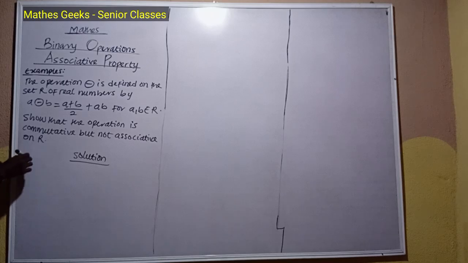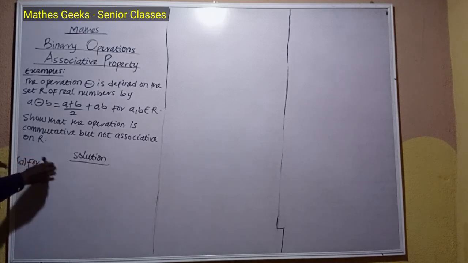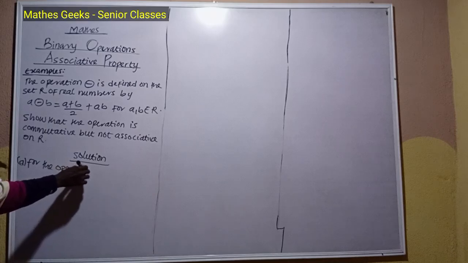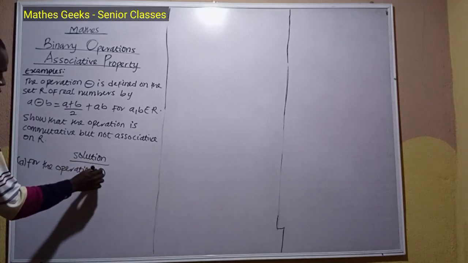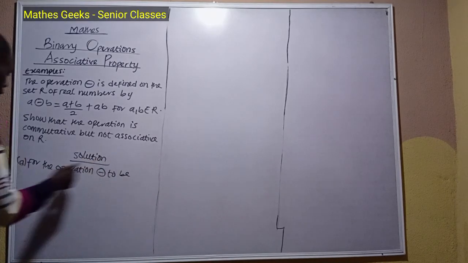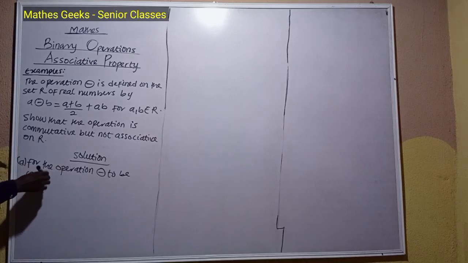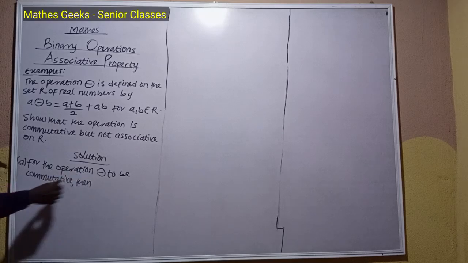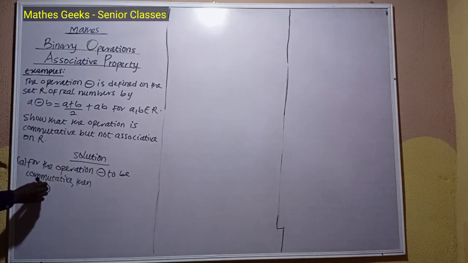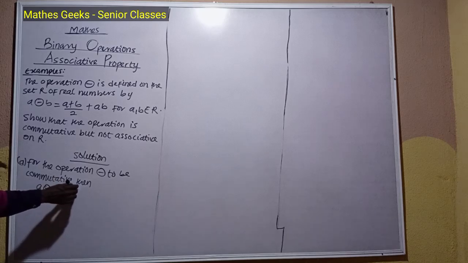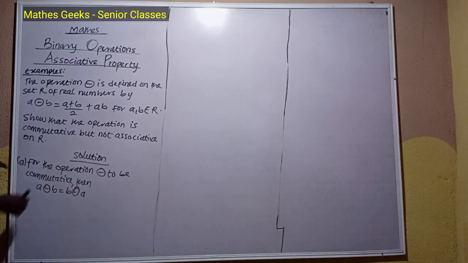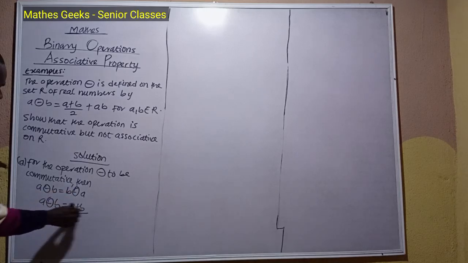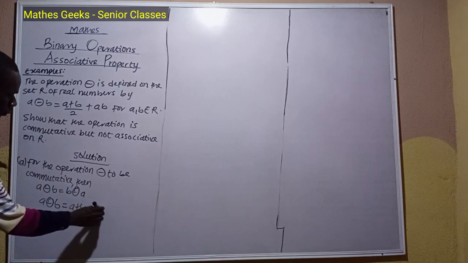So for the operation to be commutative, then A operation B must equal B operation A. So already A operation B is equal to A plus B over 2 plus AB.